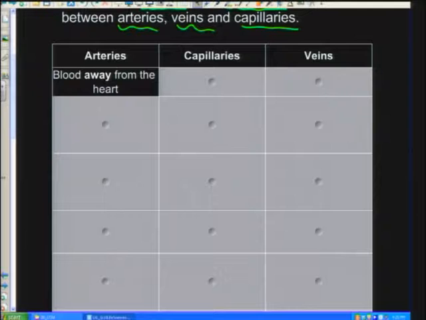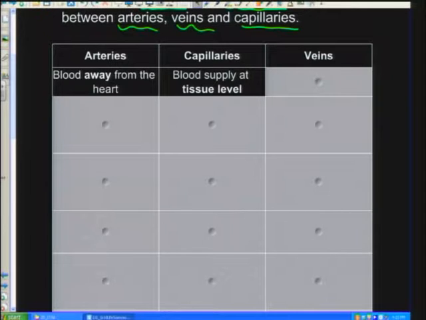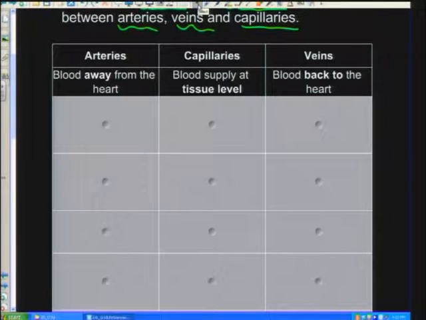First of all, arteries carry blood away from the heart. Capillaries supply blood at tissue level, and veins supply blood back to the heart, as we've mentioned earlier.